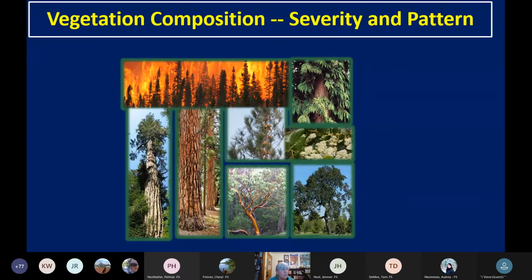And I'm going to talk about this a little bit using adaptation strategies that species have to describe what you might expect in terms of fire severity. I do want to point out that individual species may have more than one adaptation strategy over the course of their life, and I've just selected the most representative adaptation strategy to illustrate this.